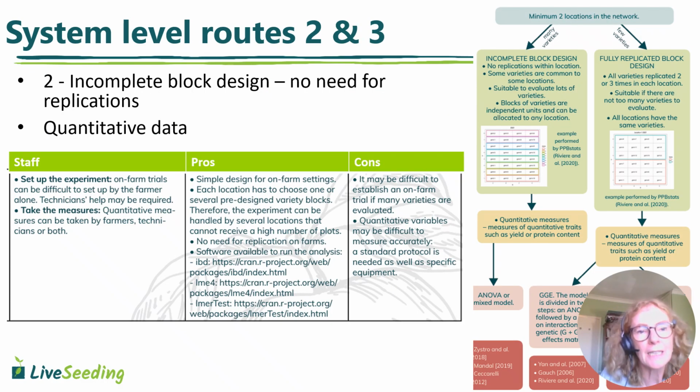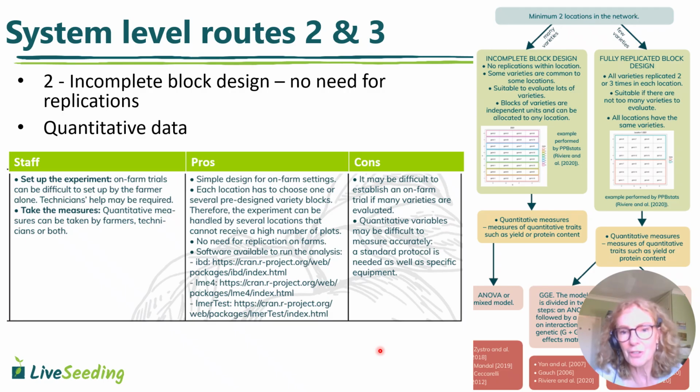And then finally, this is system level design, looking very similar really to the more on-station based approaches I showed you for farm level design as well. A little more complicated: incomplete block designs, fully replicated block designs using quantitative measures. So these are nothing like the participatory design I just showed you.